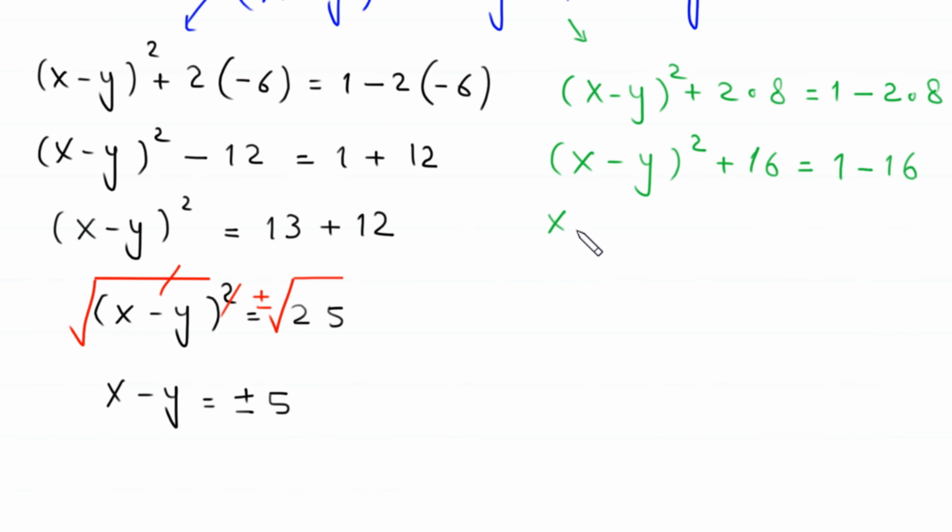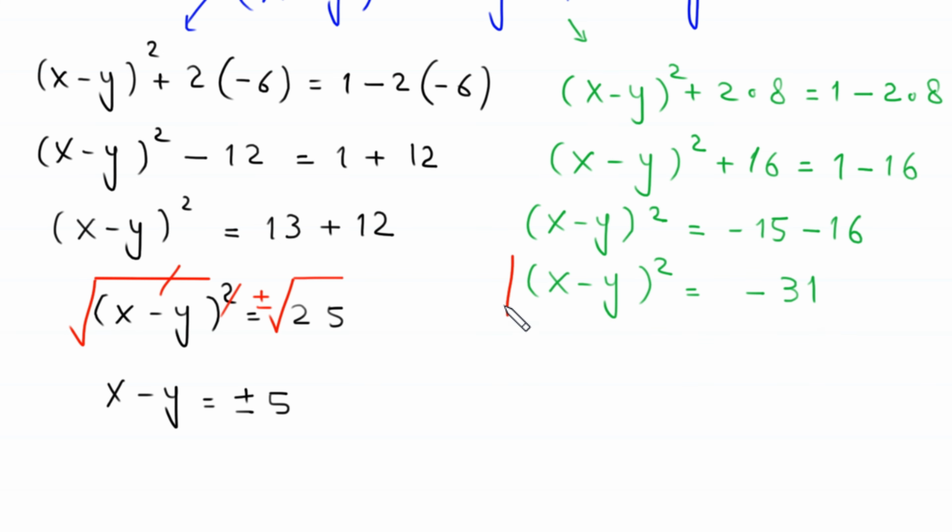Next, x minus y whole squared is equal to 1 minus 16 is negative 15, and this plus 16 will become negative 16 at right hand side. Next, x minus y whole squared is equal to negative 15 minus 16 will become negative 31, and from here we take square root of both sides.